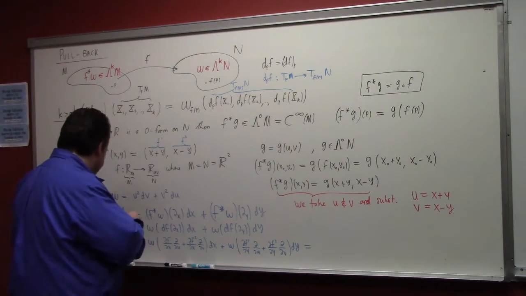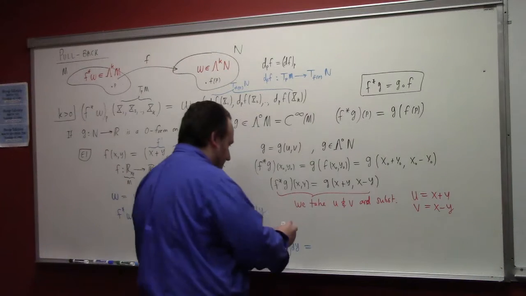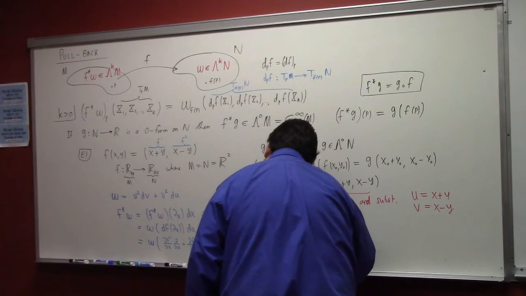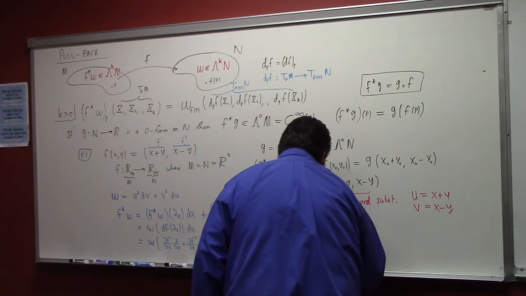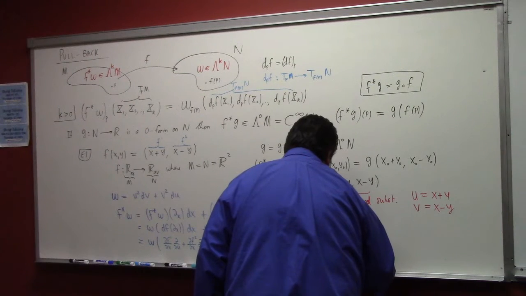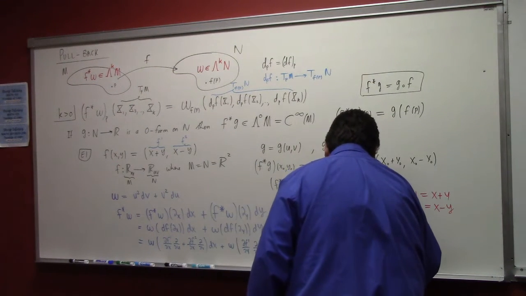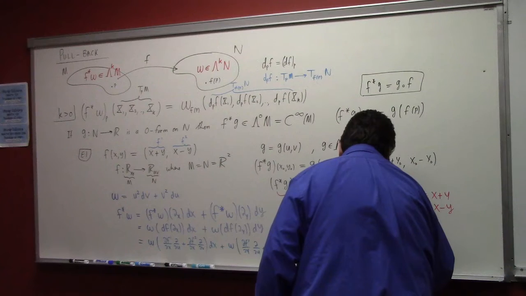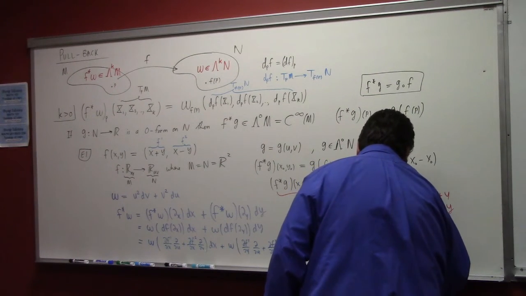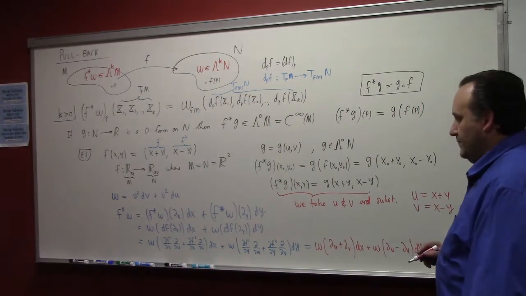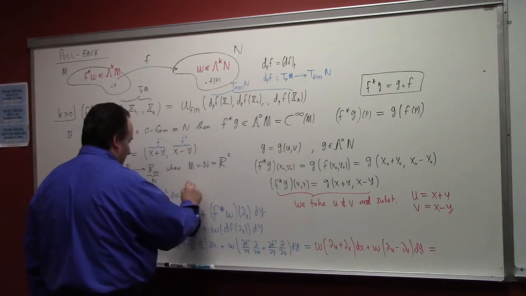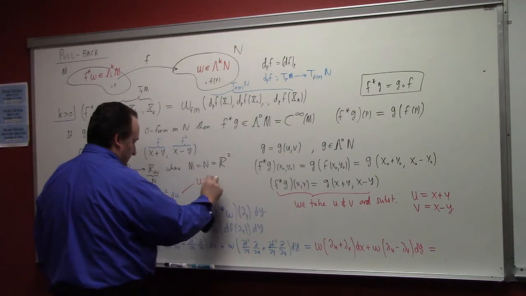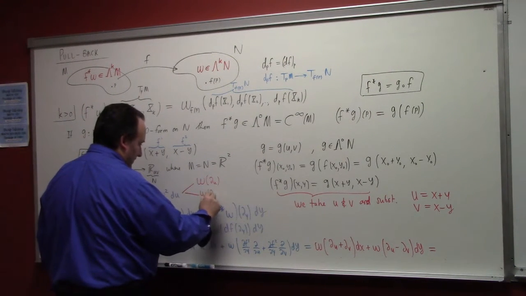So what we got here is omega of partial u plus partial v times dx, plus omega acting on partial u minus partial v times dy. But what is omega of partial u? What is omega of partial v actually equal to?